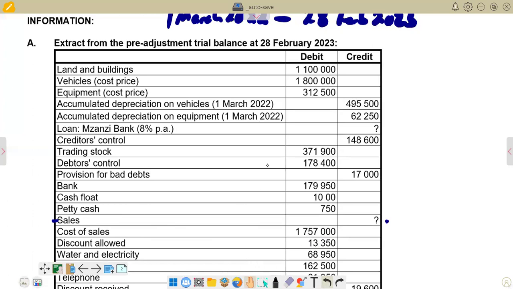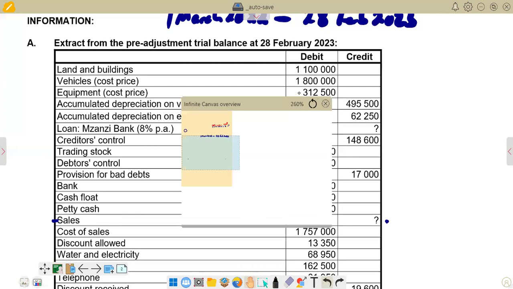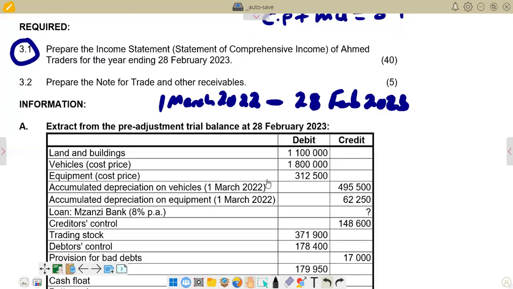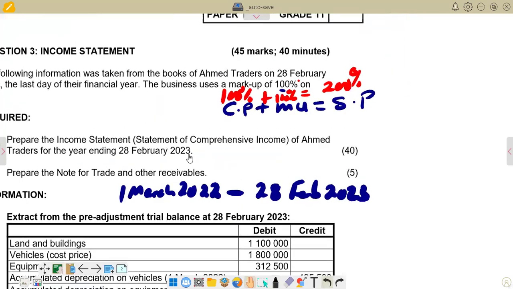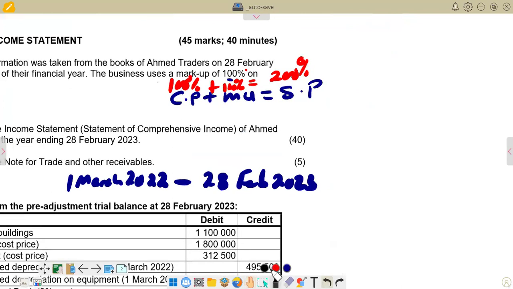Our cost price is the one that you are given, which is 100%, equal to 1,757,000. And the figure that we are looking for is the sales figure, which is 200%.